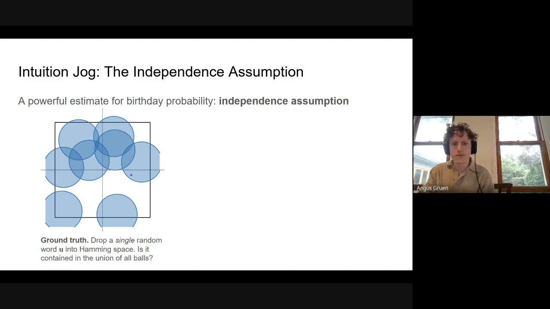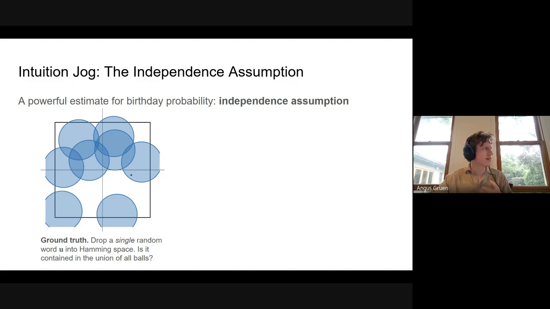So this is our ground truth. You could imagine each of these balls has a code word at the center, and these are the balls around the code word. What we're trying to measure in this random word situation is: if we drop a random word in this square, what's the probability it lands in one of these balls?